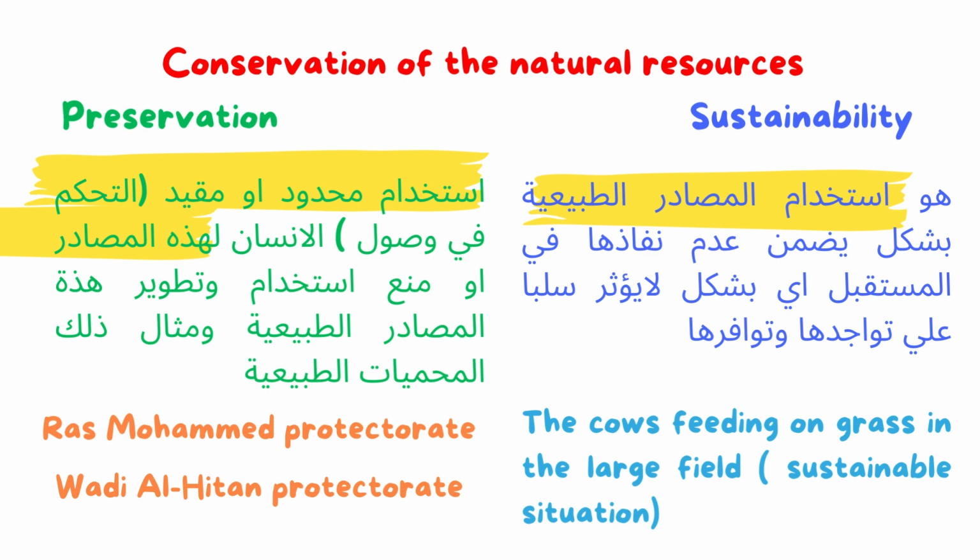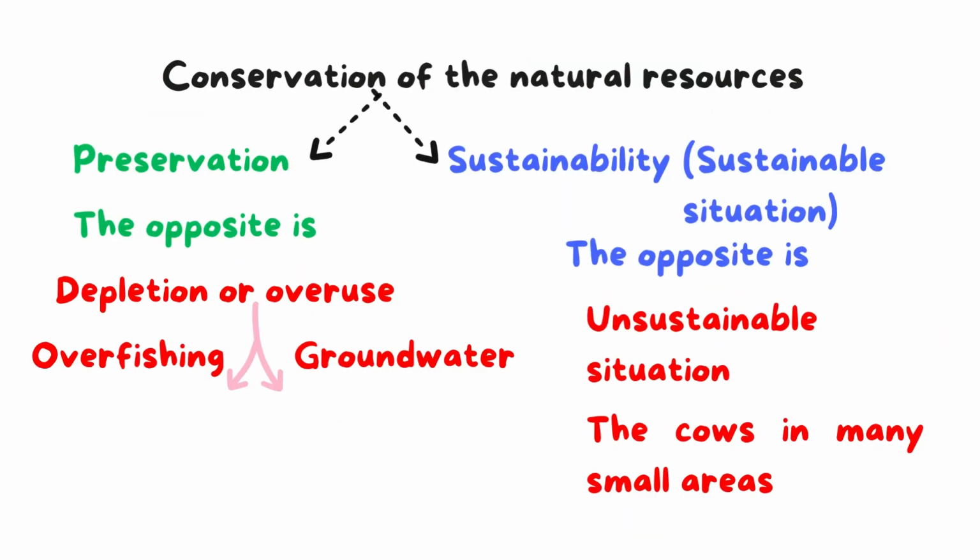We also know that the opposite of preservation is depletion or overusing, as in overfishing and the overusing of groundwater. And the sustainability is a sustainable situation, and the opposite, what? Yes, the unsustainable situation, as the cows in many small areas.